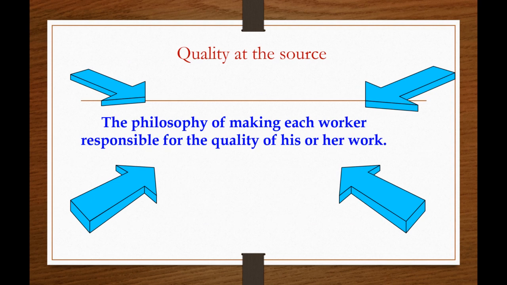Quality at the source. The philosophy of making each worker responsible for the quality of his or her work. That's why we always say that the quality of an organization, quality of an activity, quality of a particular work comes under teamwork.